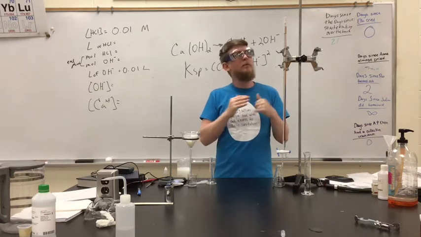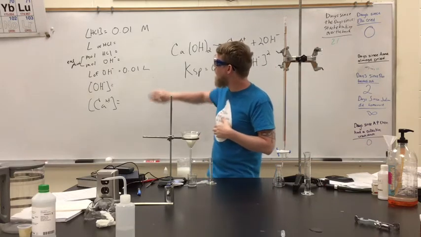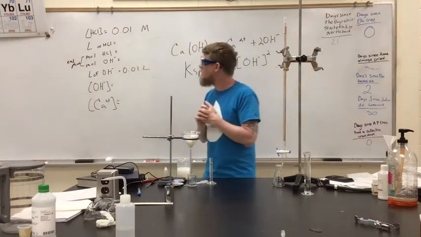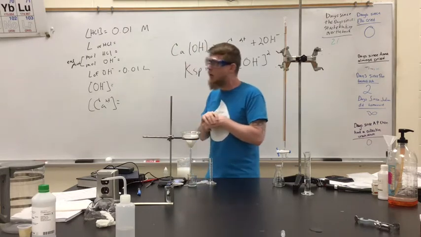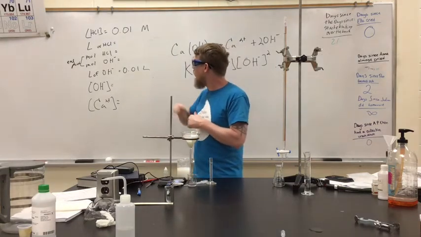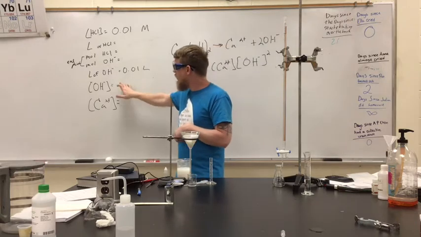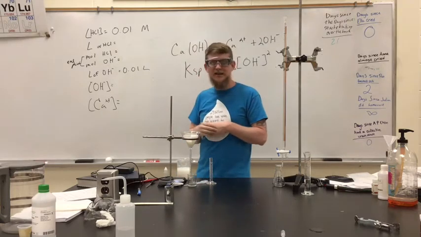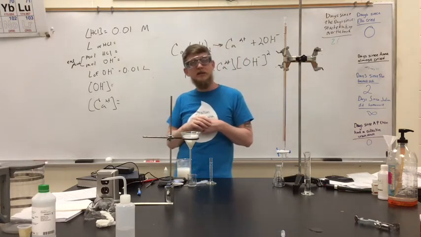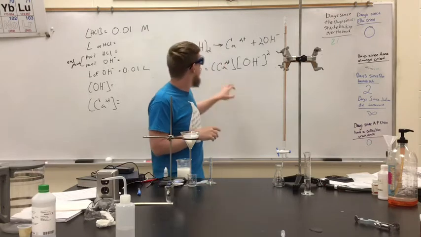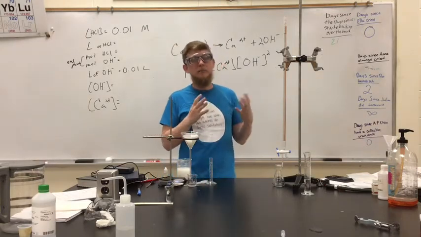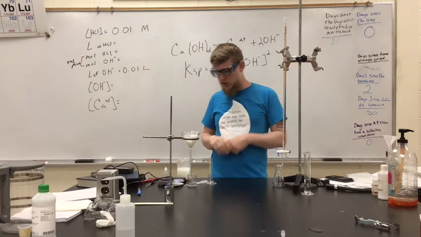Since we'll be at the equivalence point, or the end point, these two numbers will be the same. We can use the volume of base that we start with, which is 0.01 liters, to come up with our OH concentration here, and from there it'll be very similar to the pre-lab, where we determined the Ksp value by knowing what that OH concentration was.